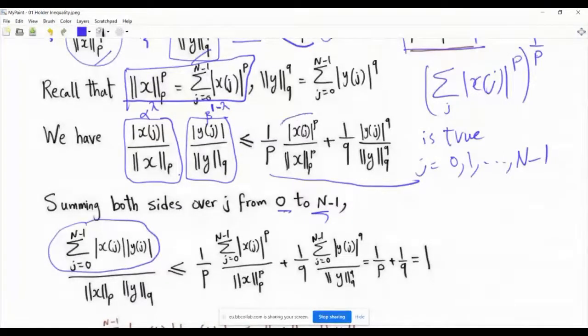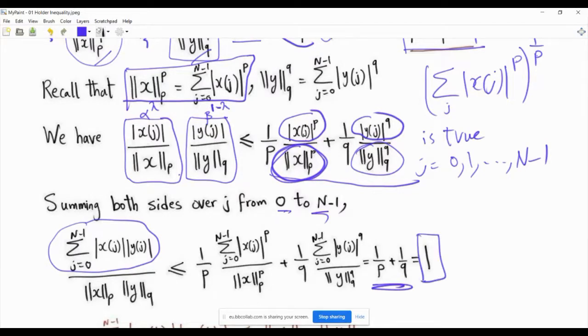On the right-hand side, if you sum this, then you get the p-th power of the LP norm of vector x. And when you sum this over the components of vector y, you get the LQ norm raised to the power q. But here we have this in the denominator, and here we have that in the denominator, and so basically we get ones, and we are left with 1 over p plus 1 over q, which again is equal to 1.